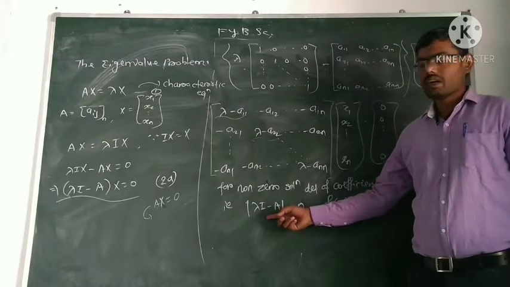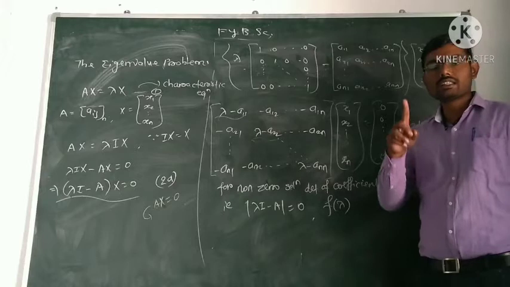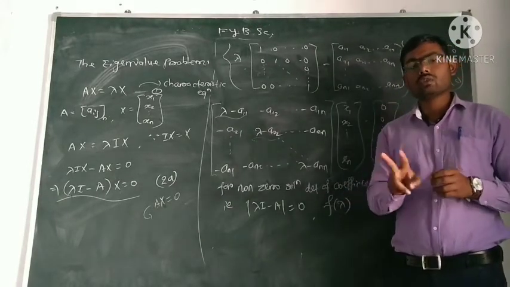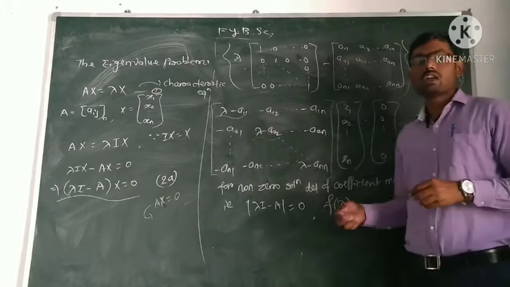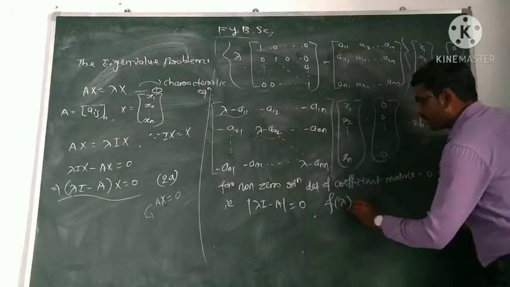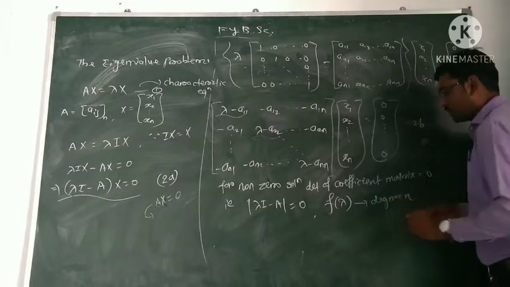And since this polynomial has degree n, it has n roots. We know any polynomial of degree n has at most n roots, and these roots are called eigenvalues.